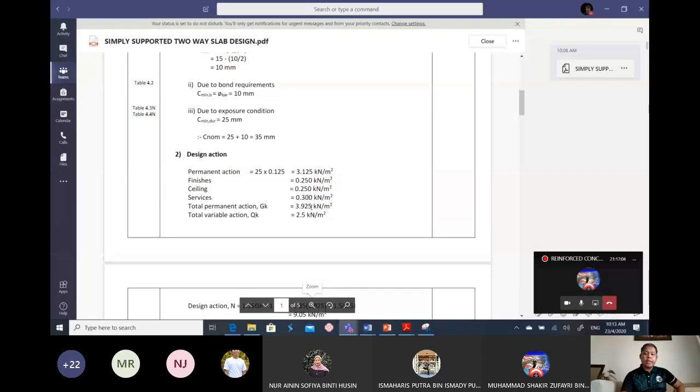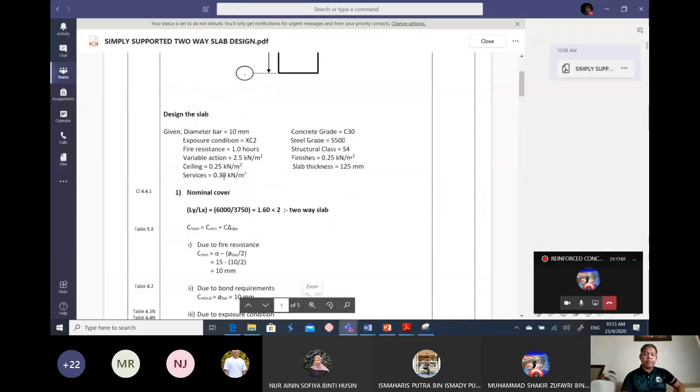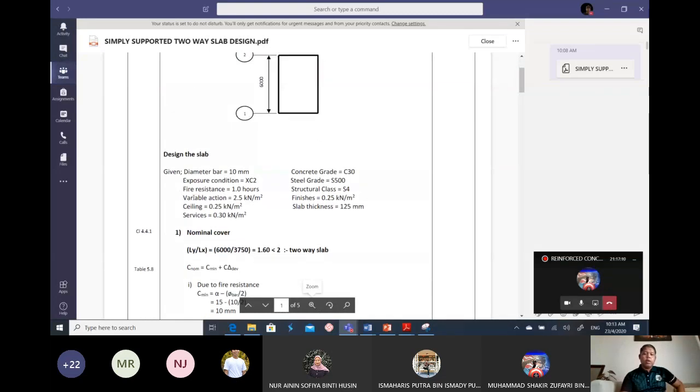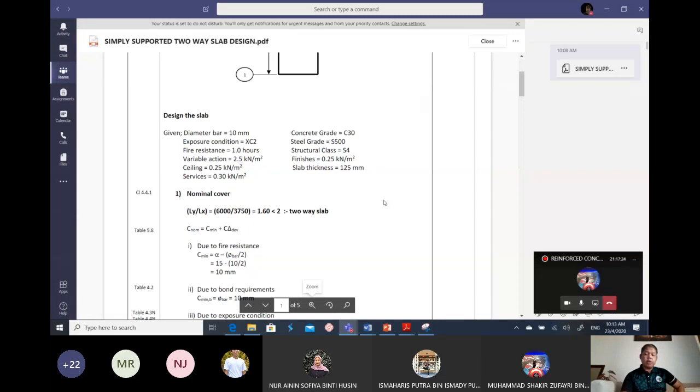Next, we calculate the design action as usual. The information given here is the permanent action, which comes from the slab surface itself, and there are variable actions here: shielding, services, and finishes. You have to remember that when the slab thickness is not given in your question, because normally the slab thickness is not given in the architecture drawing, we have to determine our own slab thickness by using the span over depth ratio, or we use a fire resistance ratio by referring to table 5.8 and also table 7.4n.